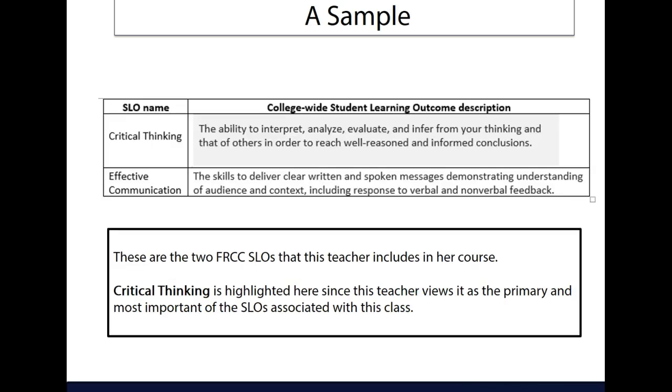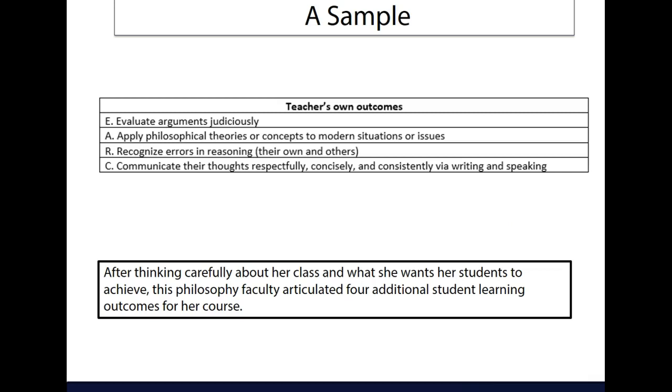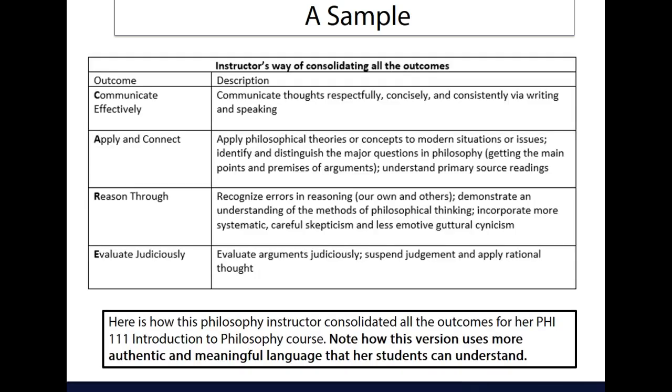These were the 2 college-wide outcomes that she thought were the most important: critical thinking and effective communication. And these were her own personal outcomes that she really valued. And this is what she came up with when she articulated them in her own authentic voice.